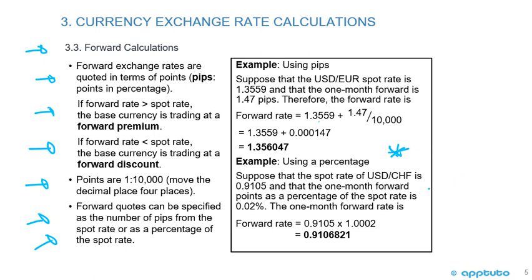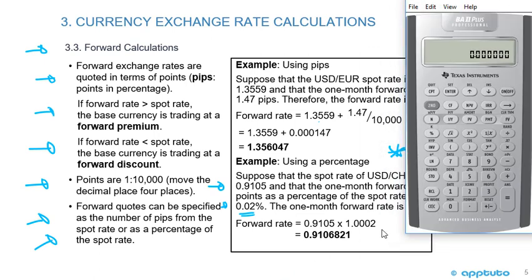So the next thing that we're going to look at is when we're using a percentage, okay? So suppose that the spot rate of the US dollar to Swiss franc is 0.9105, and the 1 month forward points as a percentage of the spot rate is a positive 0.02%, okay? So how do we do it in this case? We're going to take our 0.02%, 0.02, I'm going to hit the percentage key, okay?